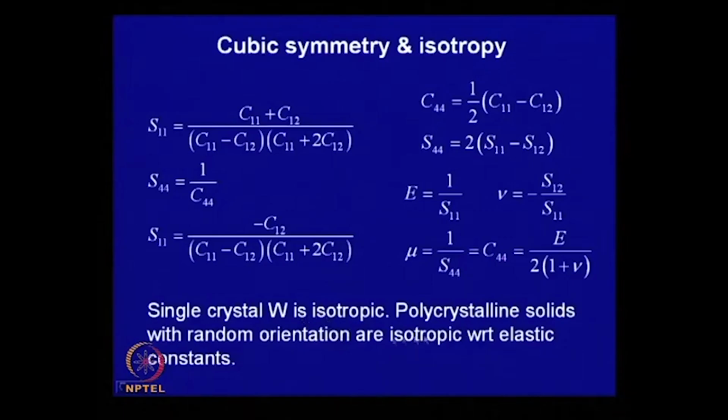Now, polycrystalline material, we have seen, is made up of several crystals which are oriented at random, and random orientation will even out the effect of the single crystal property. So, because of that random orientation, most polycrystalline materials will exhibit isotropic property with respect to these elastic constants, and in fact, the same will be true with respect to other properties which depend on crystal orientation.